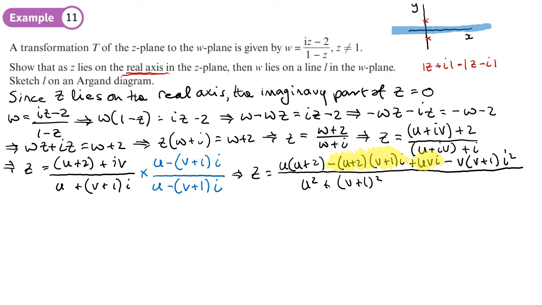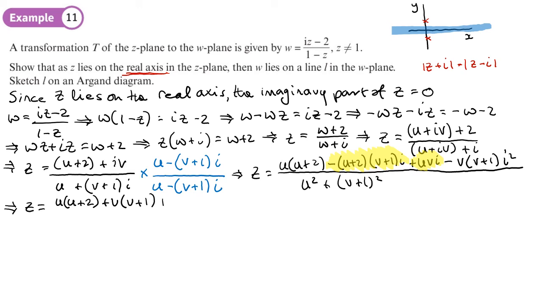So before I go on and write down the imaginary part equals 0, I'm just going to rearrange it so that I see the real part, which is going to be this. So I didn't need to multiply out the brackets. And also the last term, because it's going to become plus v times v plus 1. So all of that's the real part. Now my imaginary part is going to be these two terms here.